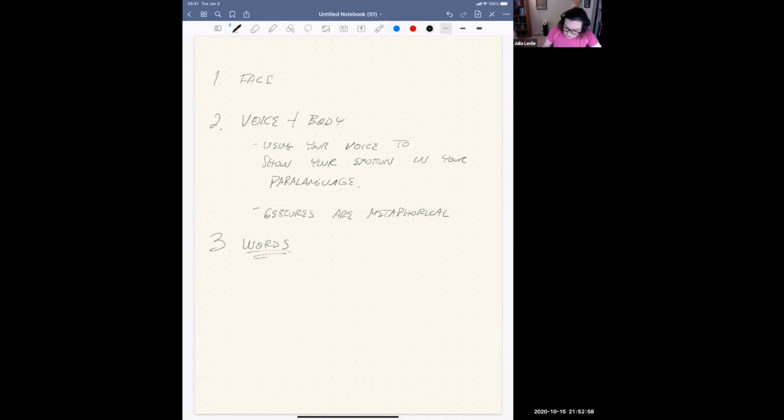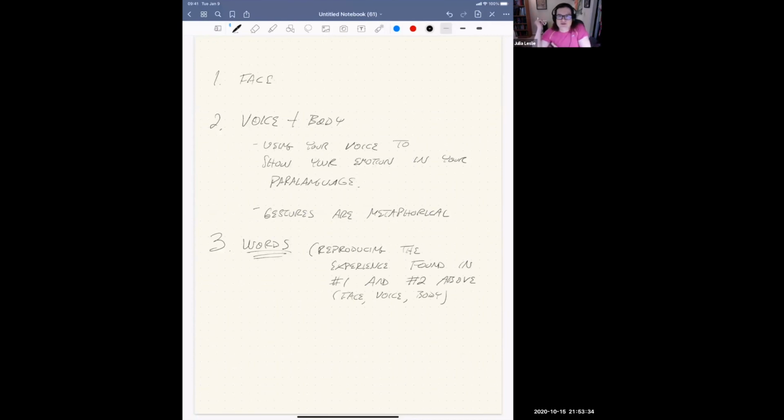The most effective way to do this in the third category, using words, is not through naming emotions. It's through reproducing the experience found in number 1 and number 2 above, meaning the face, voice, and body. Okay.